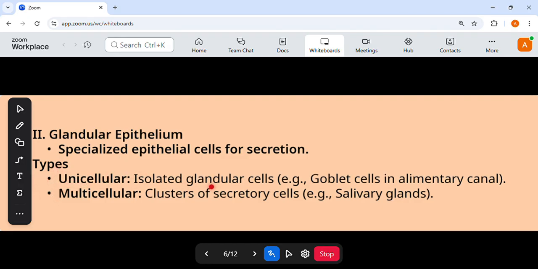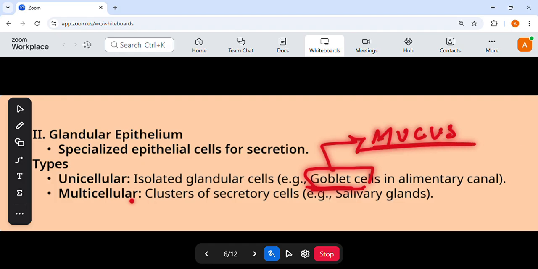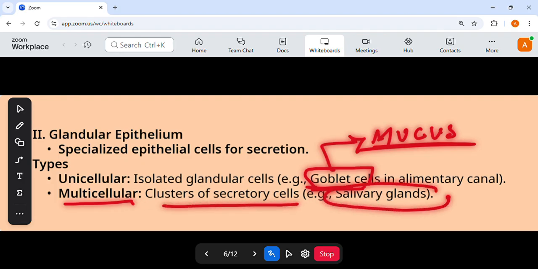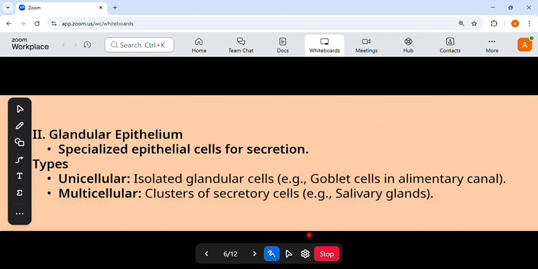So an isolated single glandular cell is present, seen in the goblet cell of the alimentary canal, and the function is the secretion of mucus. Then multicellular, many cells, a cluster of secretory cells, which we find in the salivary gland. Unicellular is the goblet cell and multicellular is the salivary gland.